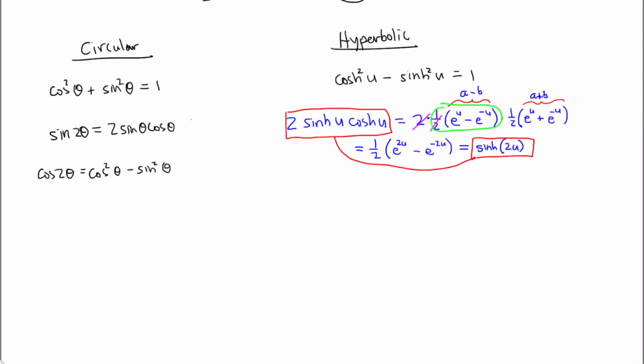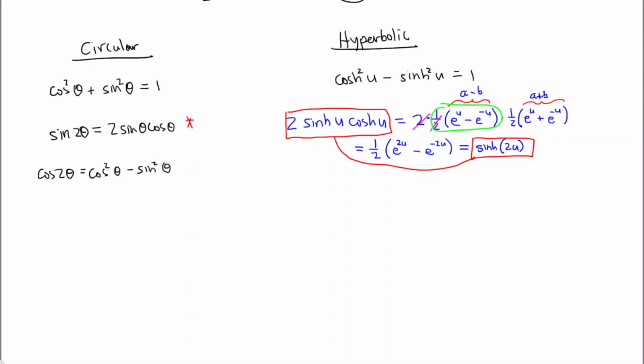In this case, it is exactly the same as its cousin over there with the circular functions. There is no funky minus sign that comes into things. So in this case, it's exactly the same.